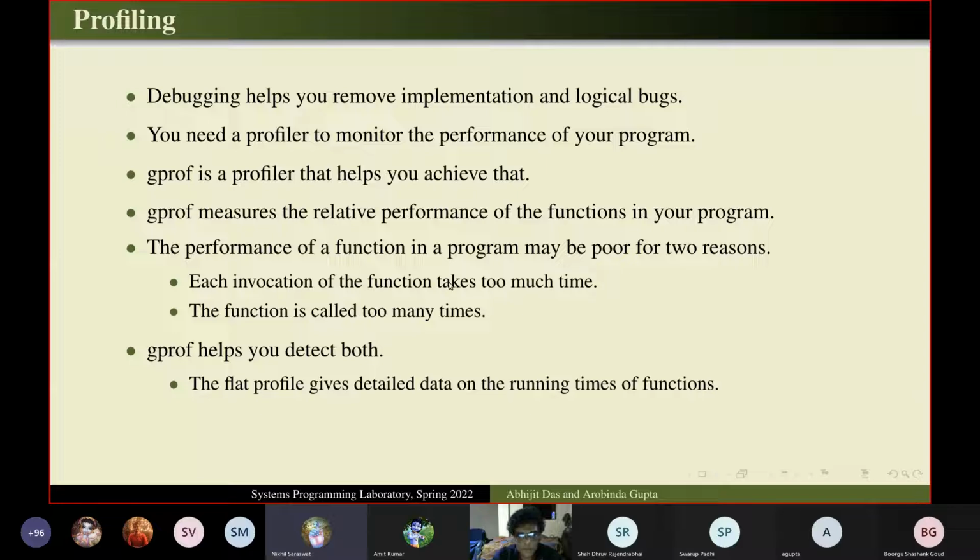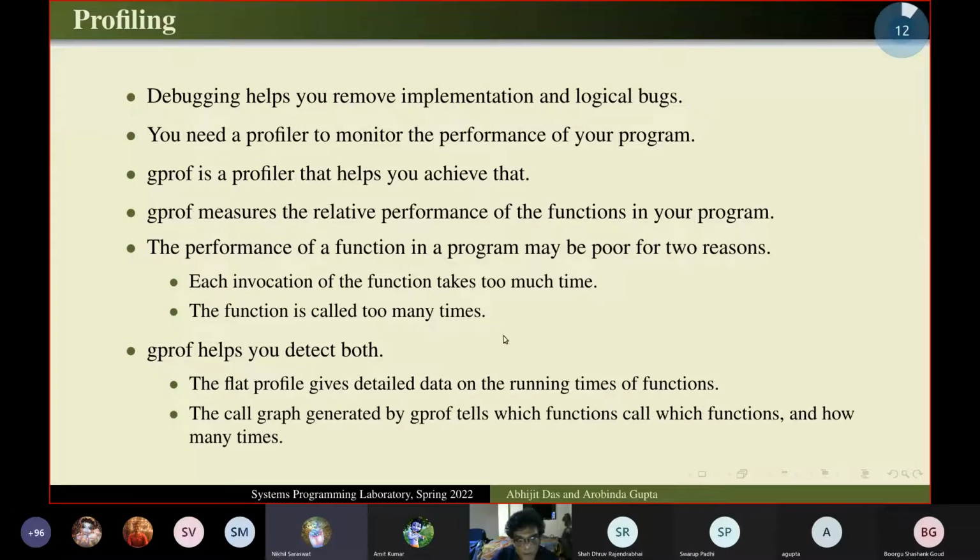So how much time, in absolute or relative terms, are your functions taking? The so-called flat profile of the GNU profiler gives you this detailed data for this first point. And the call graph generated by gprof tells which functions call which functions and how many times. So both issues are addressed by the profiler.